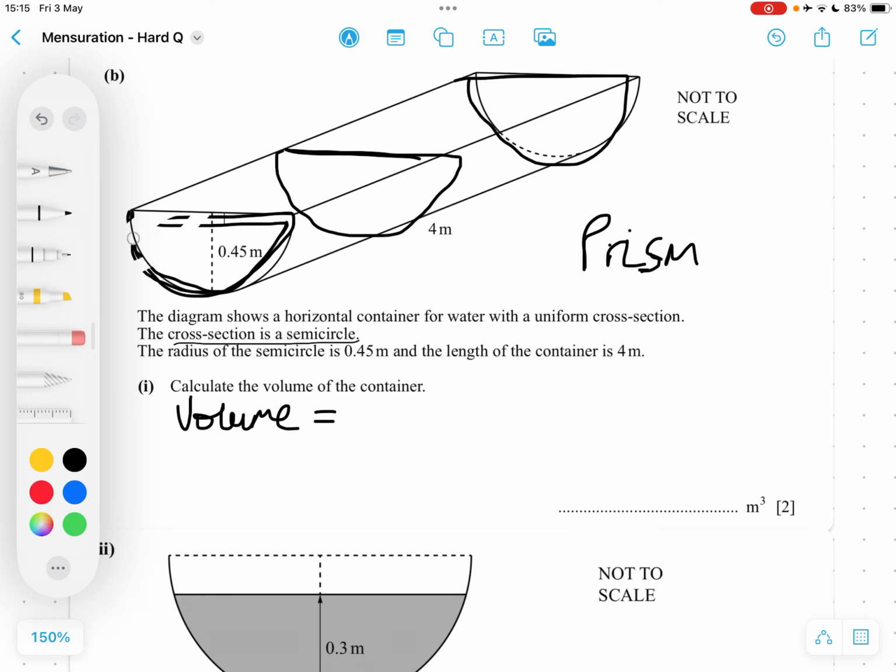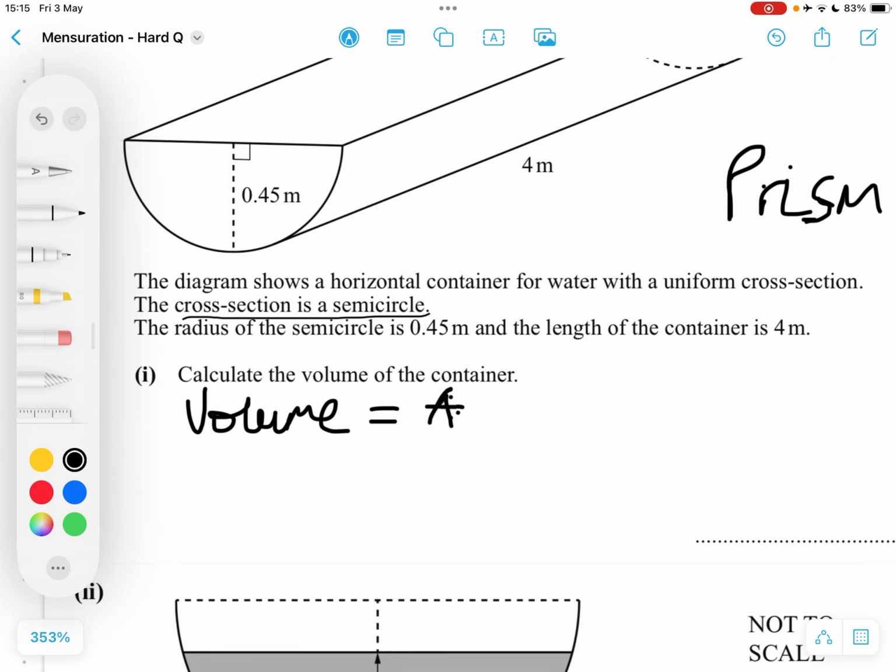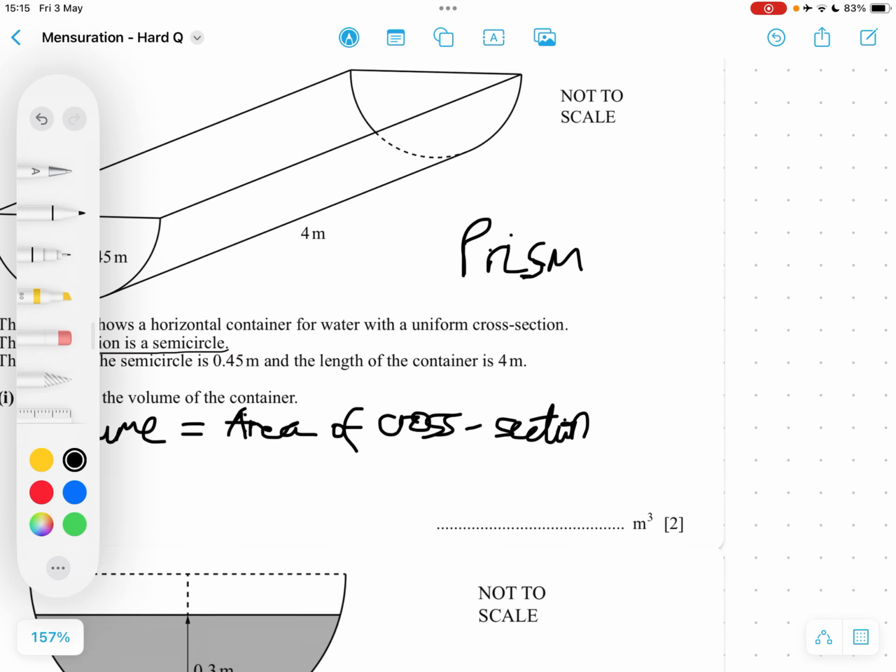So the cross section remains uniform. So the volume for a prism is equal to the area of the cross section multiplied by the length of the prism.